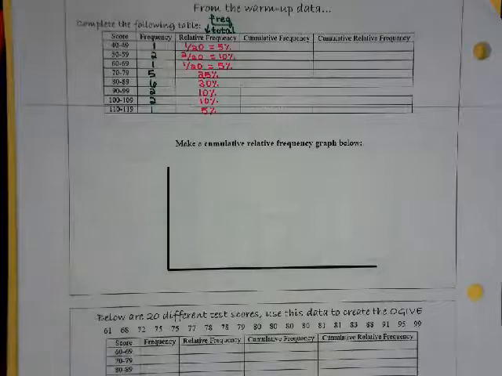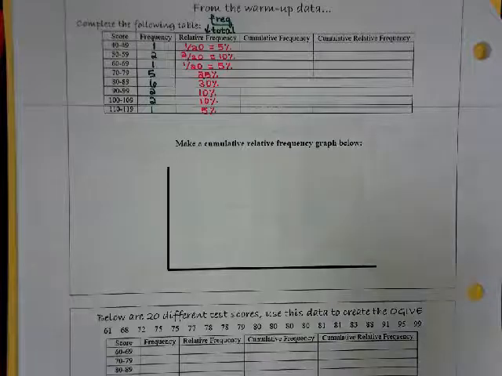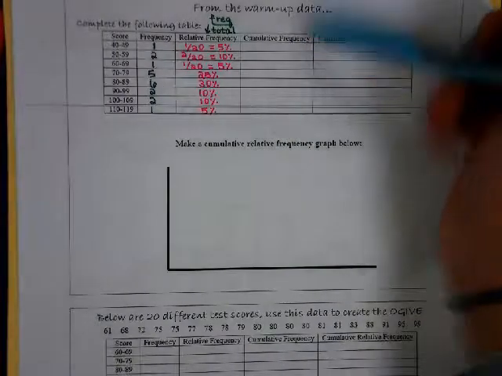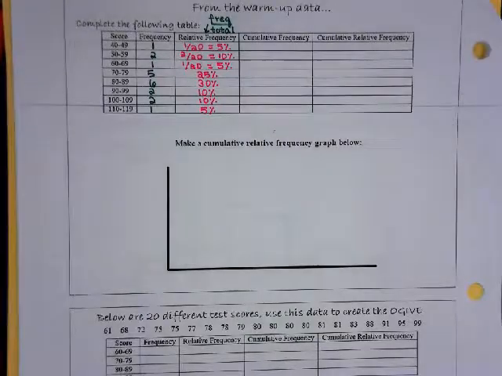Cumulative means, you have your GPA, so when you get your grades for this term, you'll get a GPA, which is what you earned for this term only. Then you have your cumulative GPA, which is your GPA for all your high school classes. So it's like a running total. So here, when we talk about cumulative frequency, it's going to be a running total.